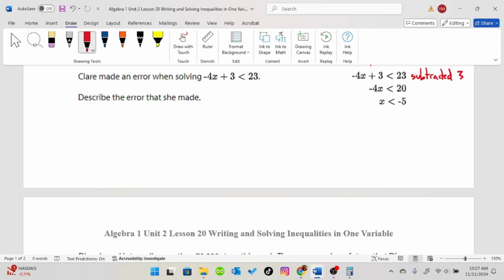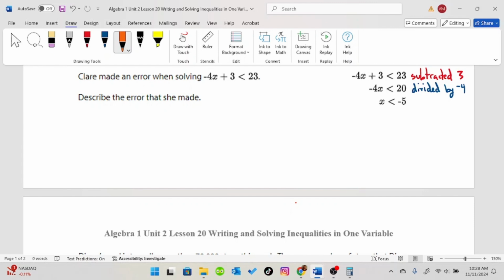Now we see that to go from the second step to the third step, she divided the left side by negative 4 to get x, and divided the right side by negative 4 to get negative 5. So if everything up to that point is correct, where is her mistake?